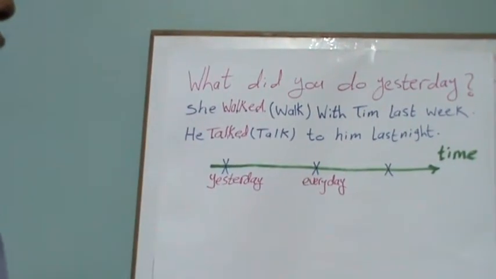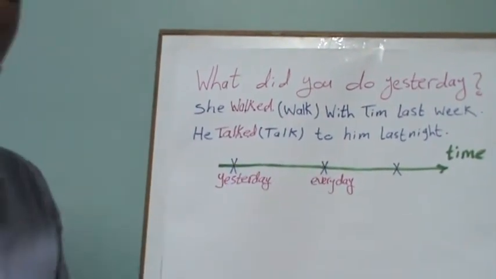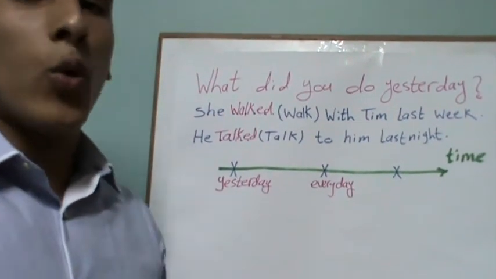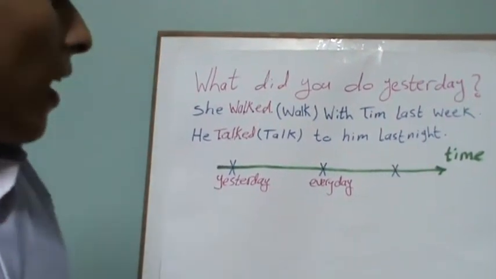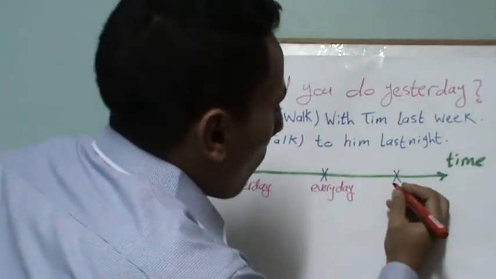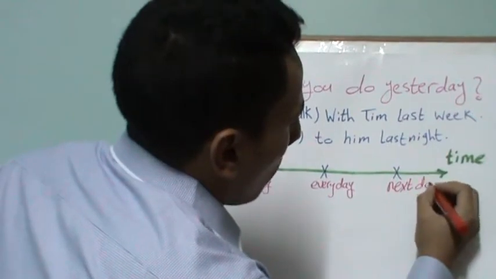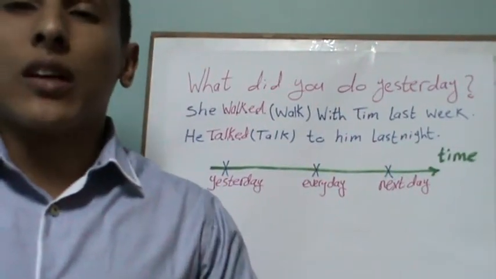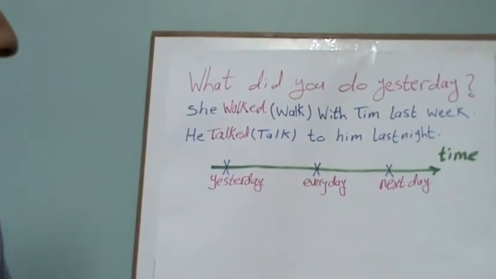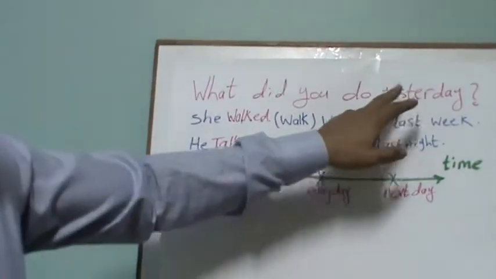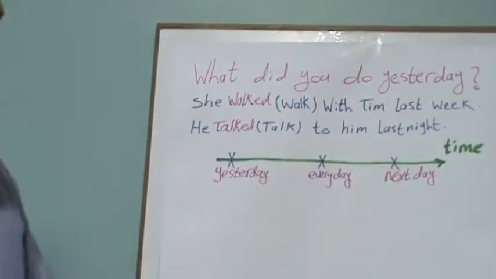This future tense expresses something you want to do next day or next week or next year. So this will be next day, for example. In our previous lesson, which we discussed past simple tense, we talked about keywords like yesterday, last week, and last night.